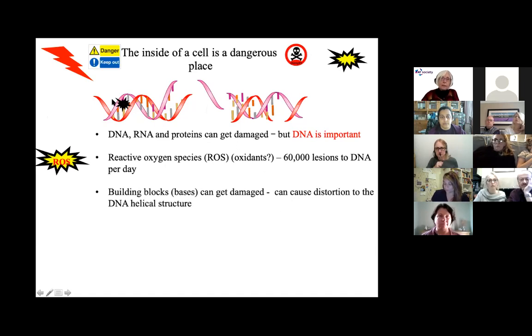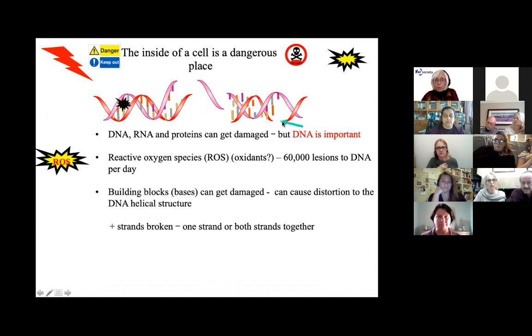These can be damages to those little building blocks, or sometimes they can cause a distortion in the strand, or they can be what we call single strand breaks, so damages in just one of these strands, and occasionally damages in both strands at the same point. And if this happens, and if there's maybe something else going on here, you can even lose some of that DNA material and some of those building blocks.